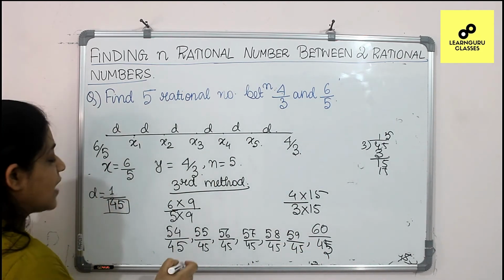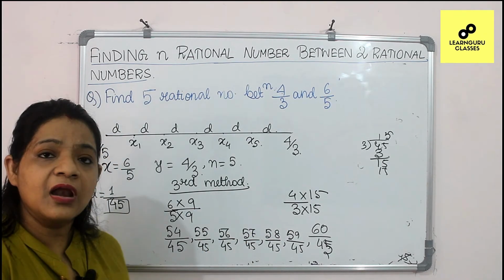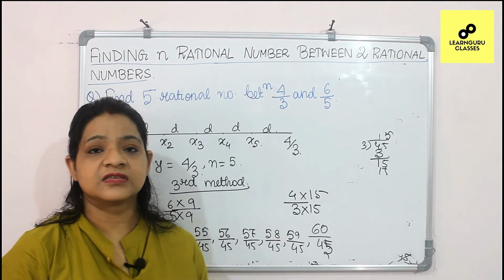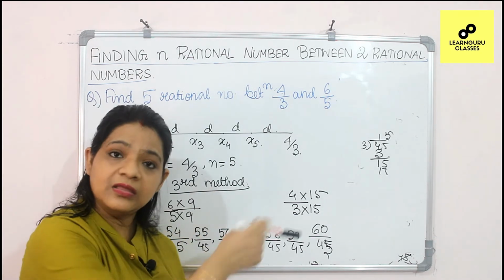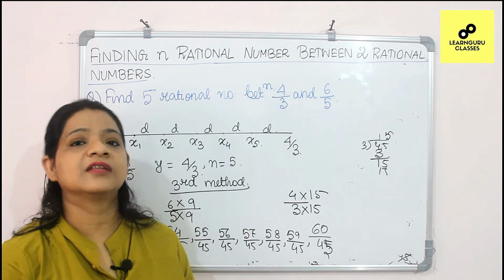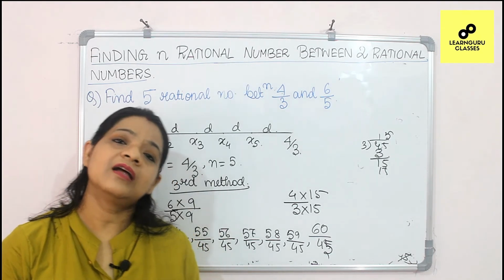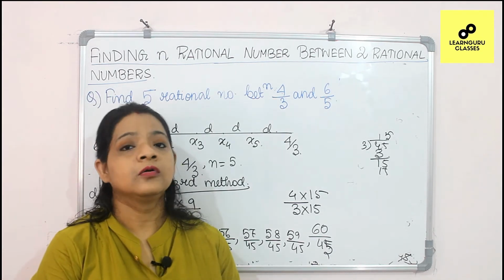How many numbers are you getting? 1, 2, 3, 4, 5. So 5 rational numbers you are getting between 54 by 45 and 60 by 45. So is the answer matching with the second method? Yes, it is matching with the second method as well. Means both the methods are same, only slight changes we make in between.